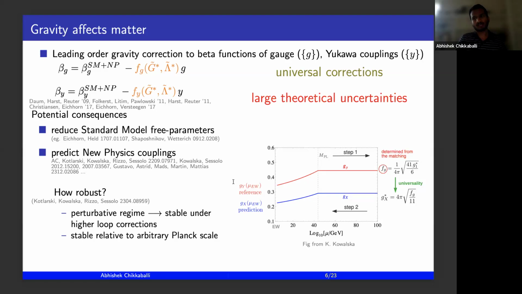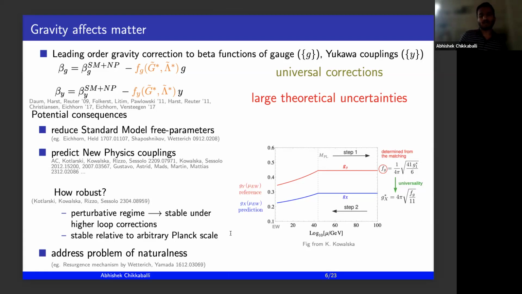Also note that the Newton's constant itself is scale dependent, so the value of the Planck scale is a bit arbitrary up to a few orders of magnitude. And in this setup, we assume that the gravitational corrections decouple instantaneously below the Planck scale, which need not be the case, and this could be a smooth transition. In both of these cases, we want to see how these predictions change if we move this Planck scale by a few orders of magnitude. And it has been shown that these predictions are quite stable even under this change of Planck scale.